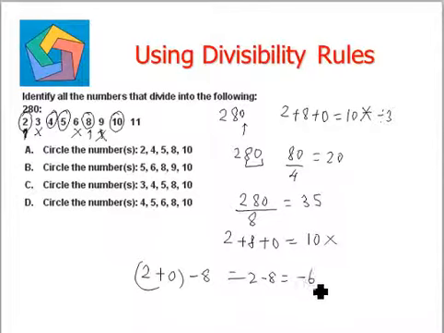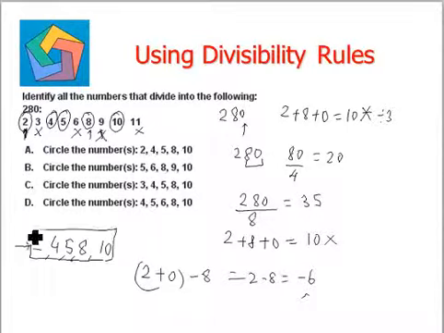It is neither a 0 nor is this negative 6 divisible by 11. So the possibility of 11 is also ruled out. So the numbers that are left are 2, 4, 5, 8 and 10. 280 is divisible by all these numbers, which can be seen in option A.